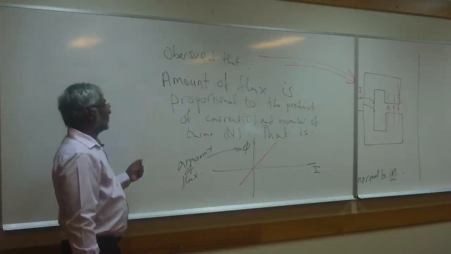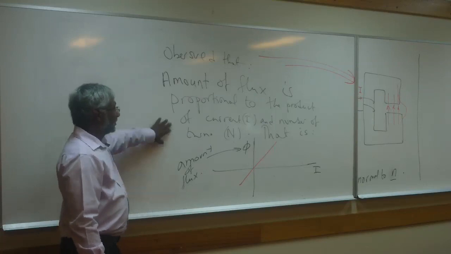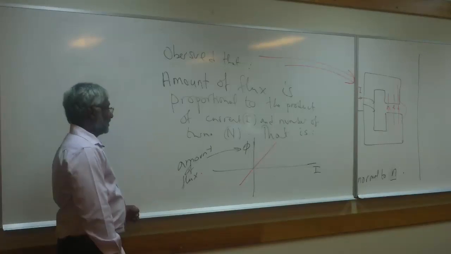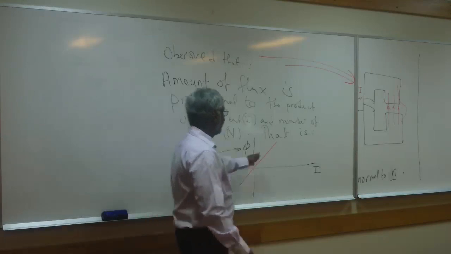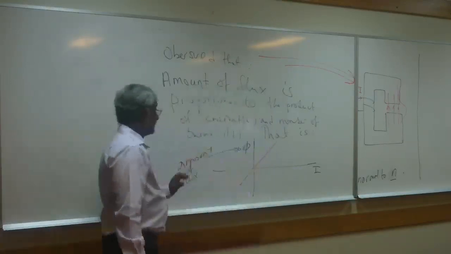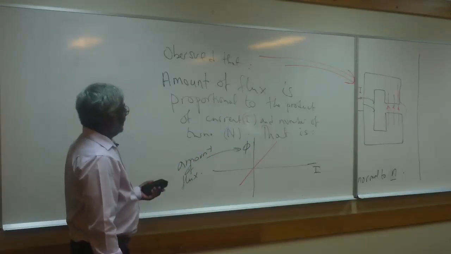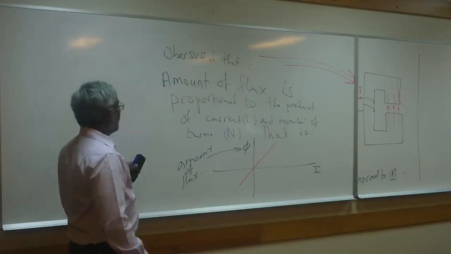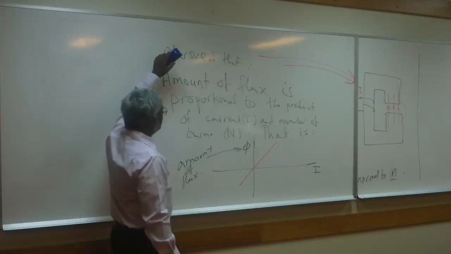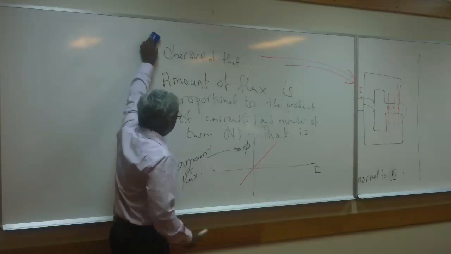The amount of flux will be proportional to the product Ni, but you'd still get a straight line if you plot just against I. So that's still okay, because number of turns is a constant. Okay, so I'll rub this off and put another graph there, which really is the one that we are after. So I'll rub that off.